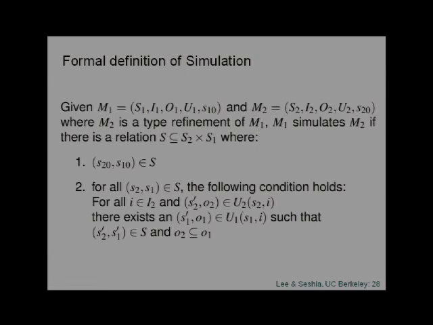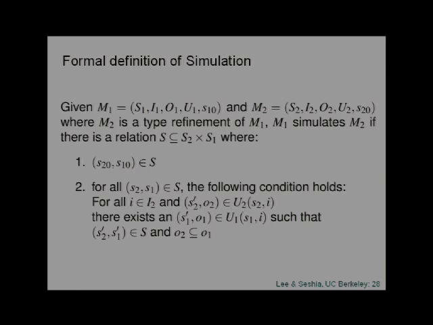Now, for all possible inputs you can get in S2, so this is for all I in I2, and all possible next states. From S2 onwards, depending upon which input you get, any of these could be your next state, S2 prime, and you can get a corresponding output going to that state.